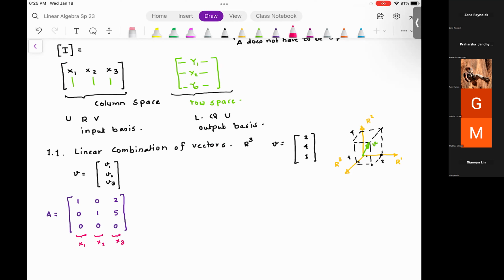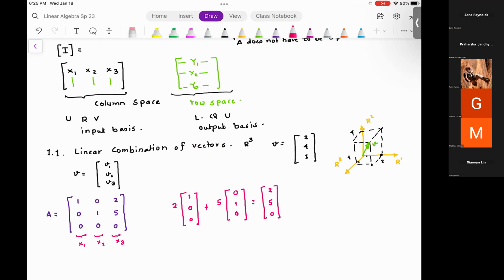It can be seen very clearly that if I multiply 2 times x1 plus 5 times x2, I get 2, 5, 0.